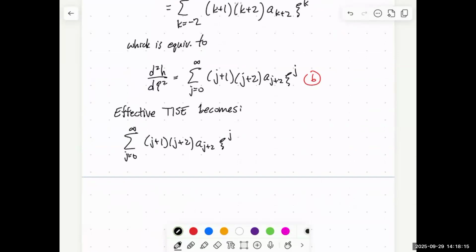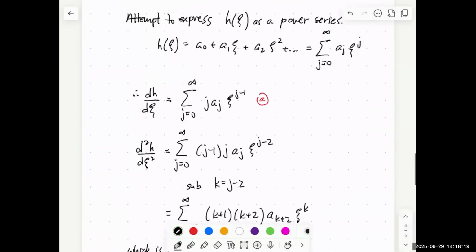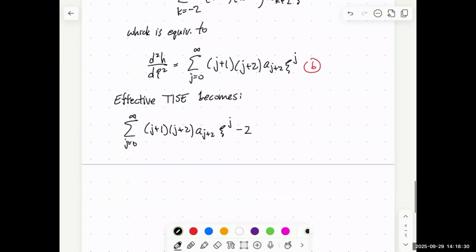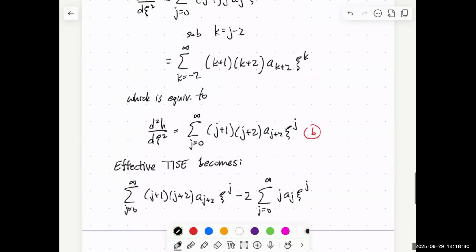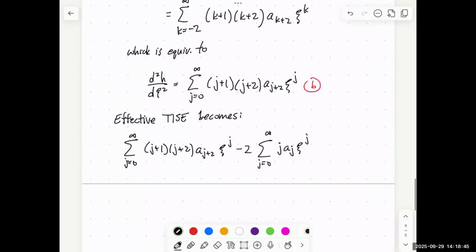And then we had a minus 2 times the first derivative, and we have to multiply by z. So this becomes z to the j. But it's just minus 2, sum, j equals 0 to infinity, j a_j z to the j. Okay, good. And then we have our last term, k minus 1 times h.